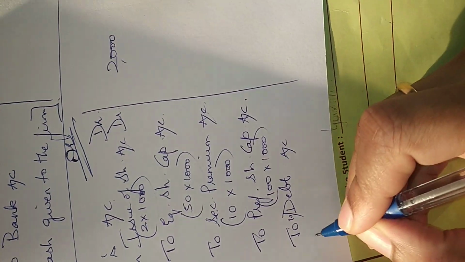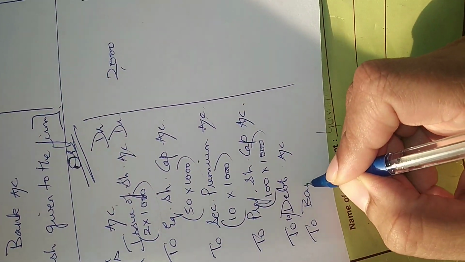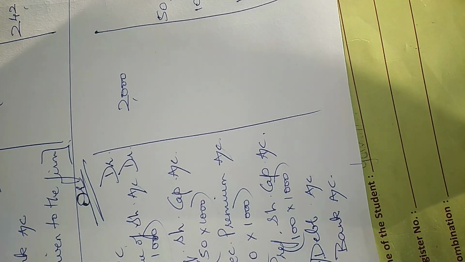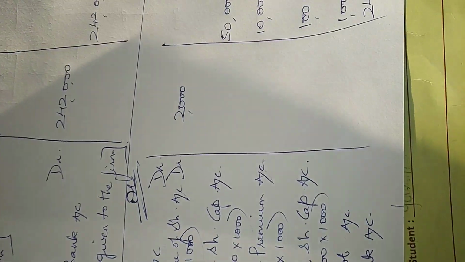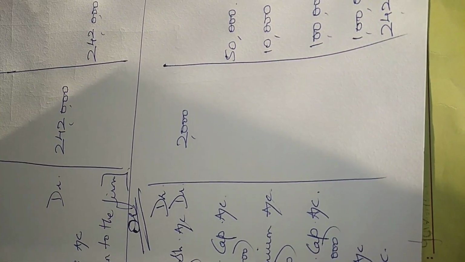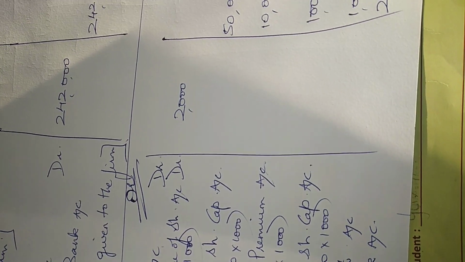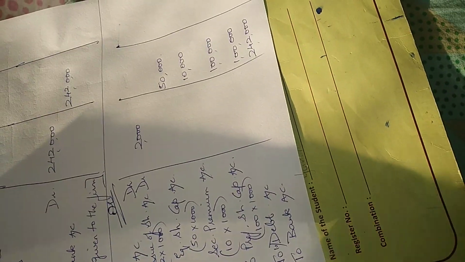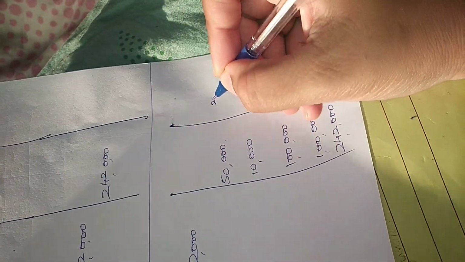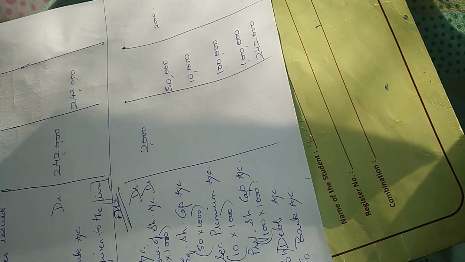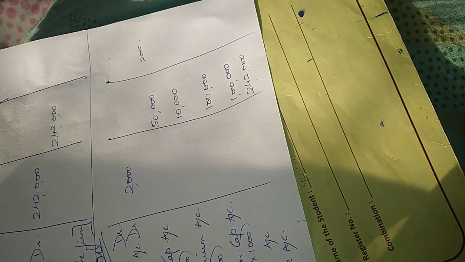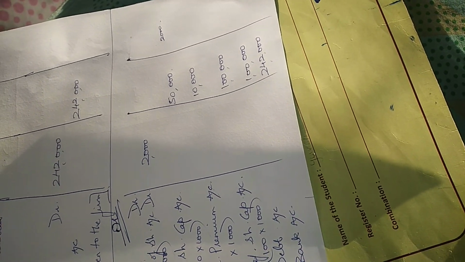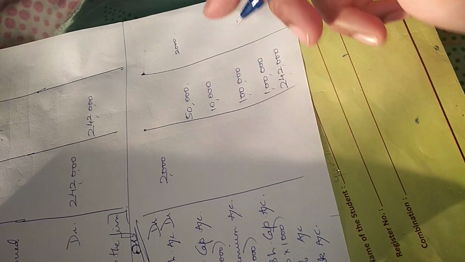Then you also have cash, so therefore to bank account, which is equal to 2,42,000. So add up all this and subtract it from what is there on the debit side already. That will give you what is the balance which has to go to the firm's account. So when you total, the debit side total is there as 2,000, credit side total is 50,000 plus 10,000 plus 1 lakh plus 1 lakh plus 2,42,000.